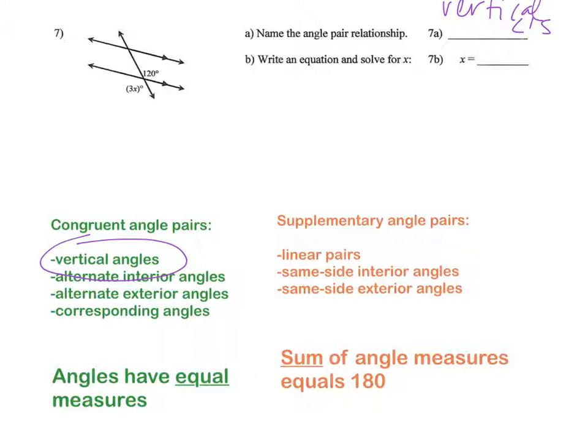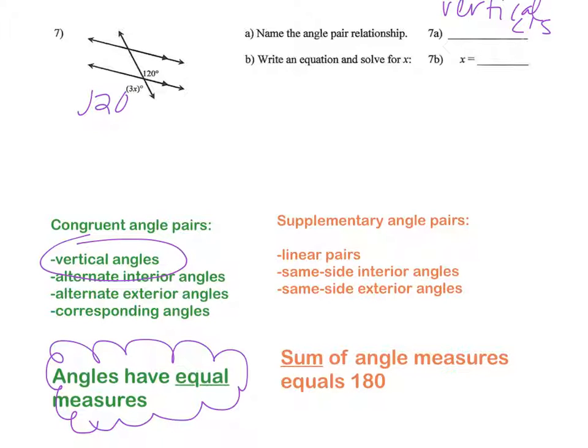So this is where in number 7 on this practice, we will use a different equation because their sum does not equal 180. Instead, what we know that'll help us find x here is that those are the same angles, the same angle measure, I should say. So if one angle is 120 degrees, the other angle is also 120 degrees.